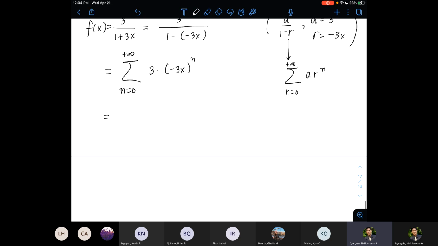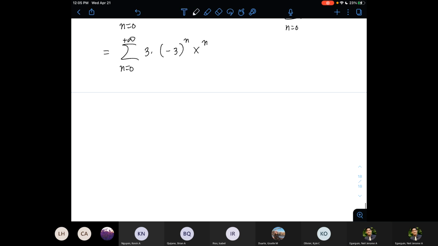Now I can further manipulate this and simplify by playing with laws of exponents. I have here negative 3 times x, both raised to the power n. So I can separate them and write it as negative 3 to the power n, x to the n, right? Or actually, I can further write this as 3 times negative 1 to the power n times 3 to the power n times x to the power n.